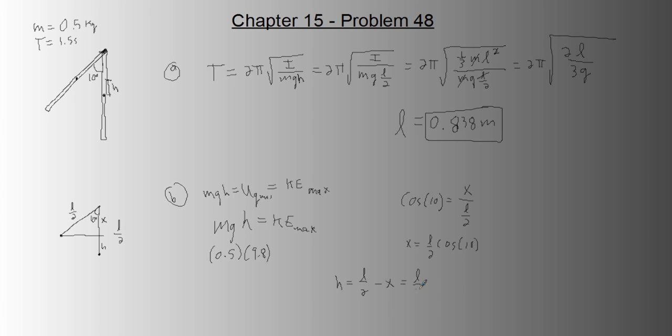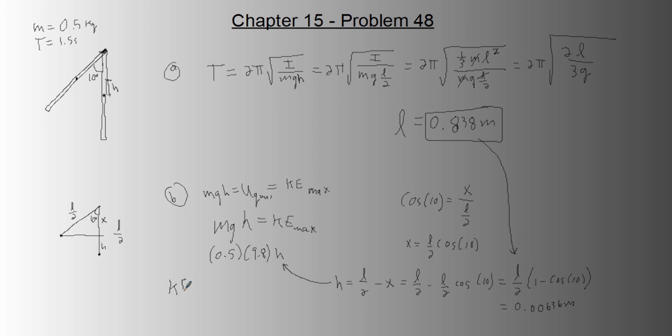So that's L over 2 minus L over 2 cosine 10, which is L over 2 times 1 minus cosine 10. Anyway, long story short, what does h equal? We use the L we found in part A there. h equals 0.00636 meters.